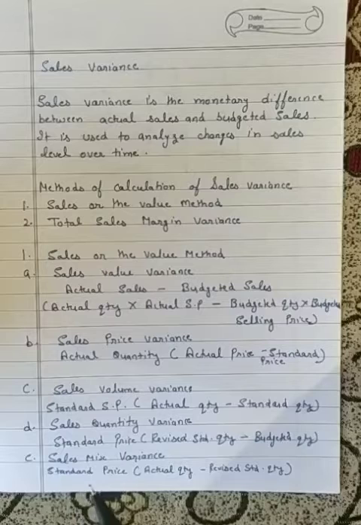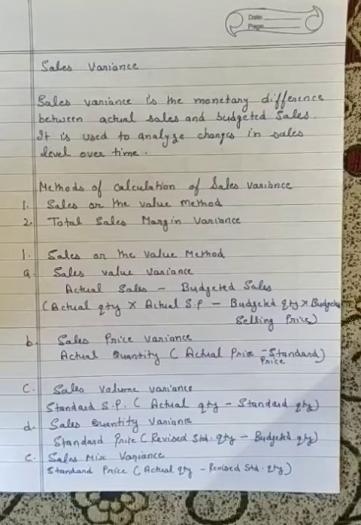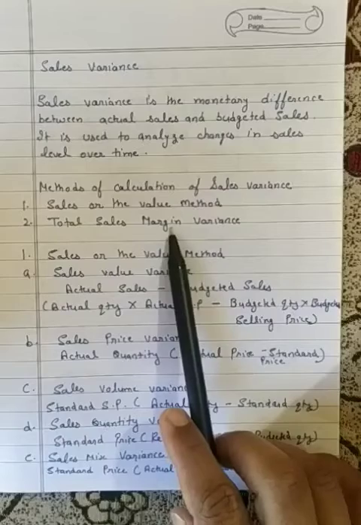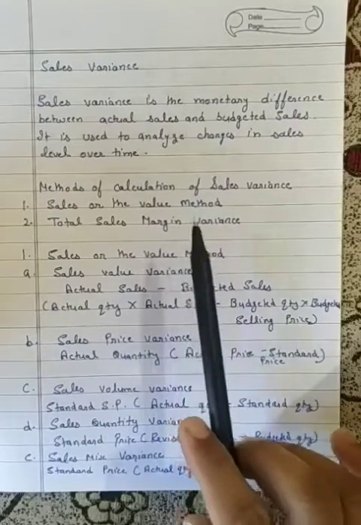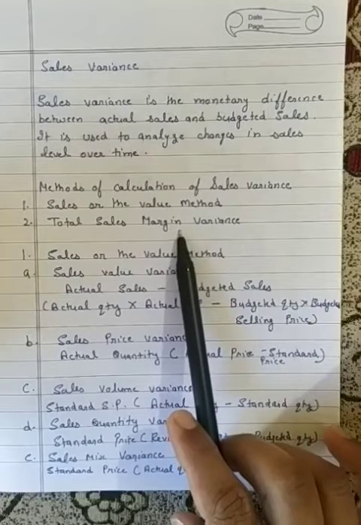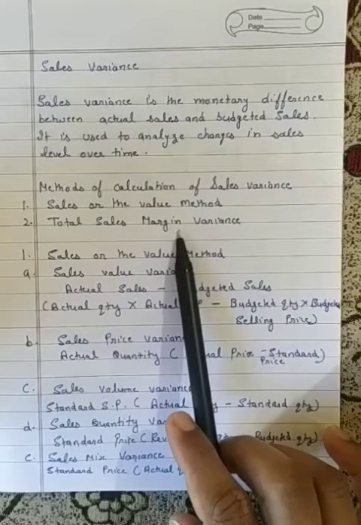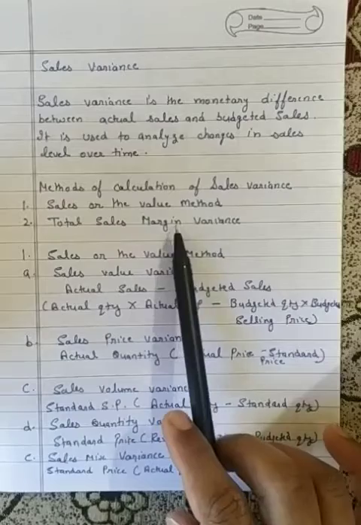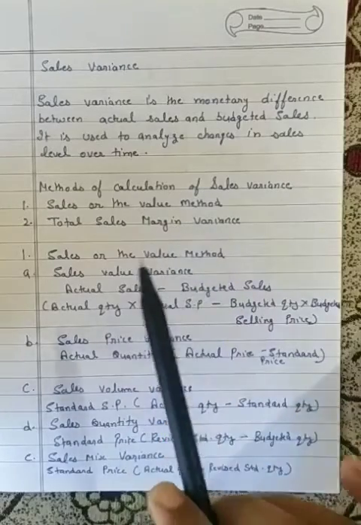But in the second method, total sales margin variance, we take a margin. Margin means profit. So in the second method, we should also have the cost in addition to the value, so that we can calculate the profit. And only if you can calculate the profit, can you calculate the sales margin variance.